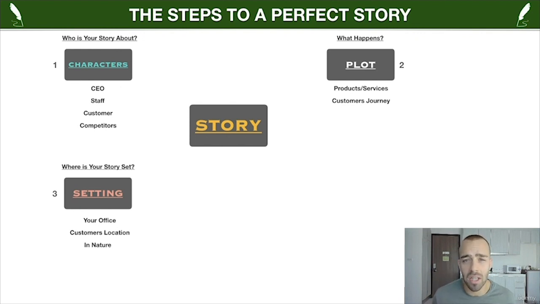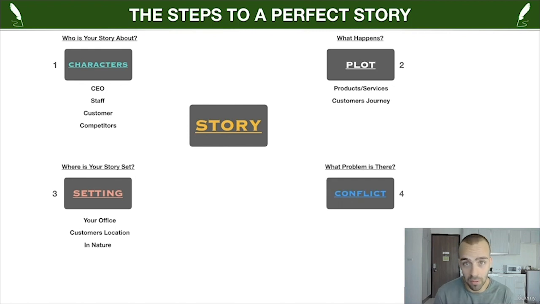And then the fourth step to writing the perfect story would be a conflict. You always have to have some kind of conflict in your story, like in your favorite movies as well. Everything seems to go perfectly fine. The character in the movie has found the perfect woman, but there's always something in the way. Maybe he missed a plane or some kind of conflict.